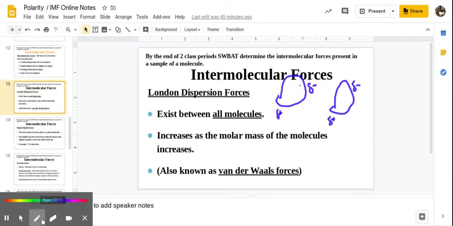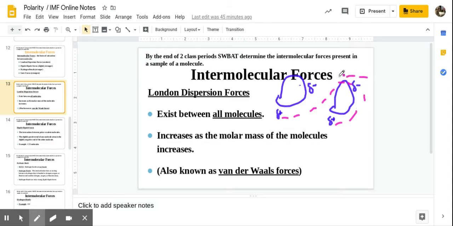And then what happens for this very small, very tiny split second, these slightly positives are attracted to the slightly negatives. And again, I'm going to use a dashed line for my attraction to show that it's not a bond, okay? And then this slightly positive would be attracted to the other slightly negatives.